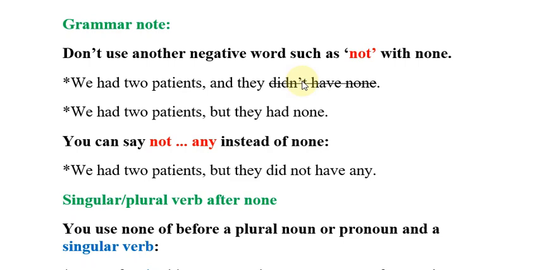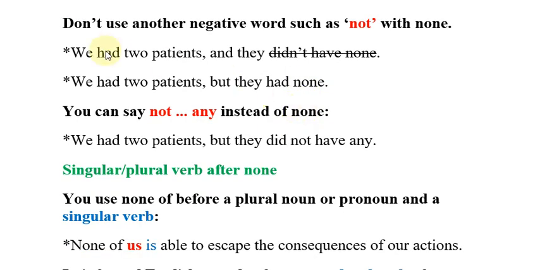Two negative markers here. The true format is we had two patients, but they had none. They had none. Means they didn't have any. When you say they had none, none is negative, so it makes the sentence negative. You do not need another negative marker. Now, as another alternative, you can say not any.